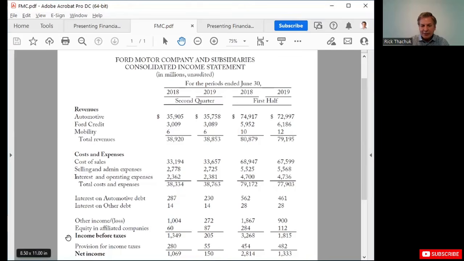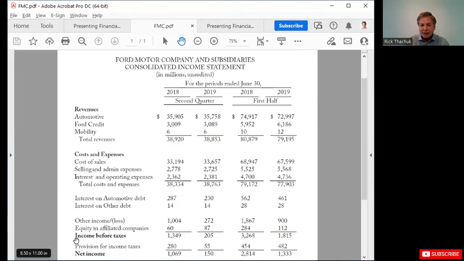Can you do income before taxes, please? Try that yourself first, out loud. Income before taxes, is that singular or plural? Well, it's singular. So we'll need to say was.